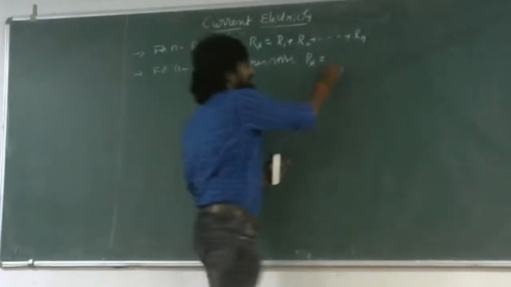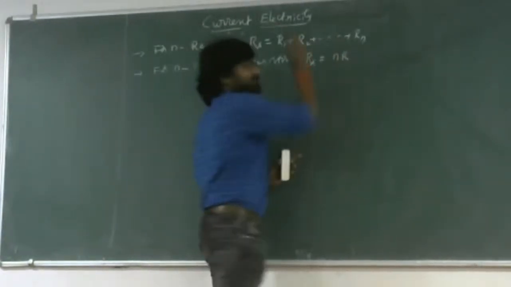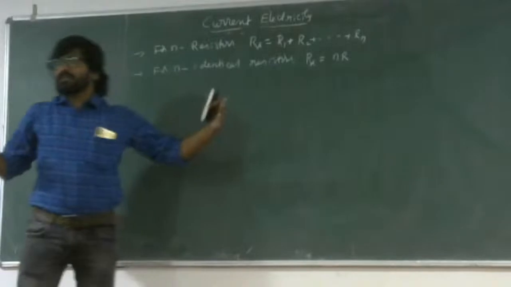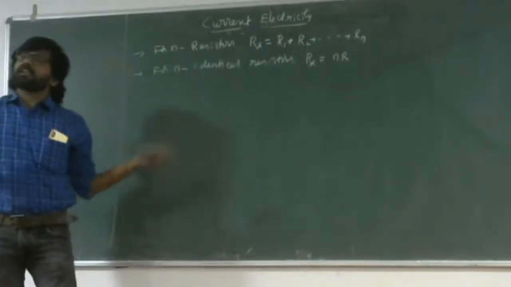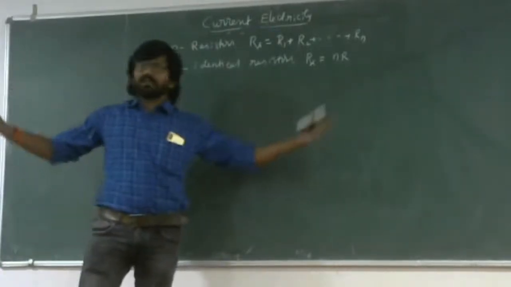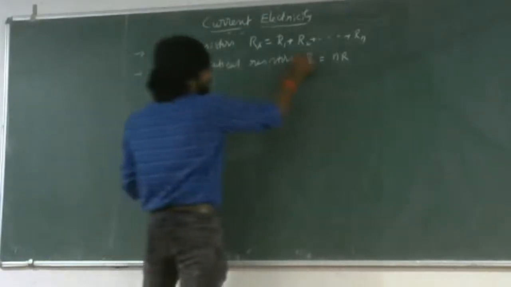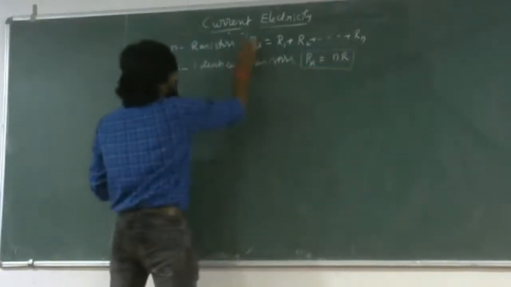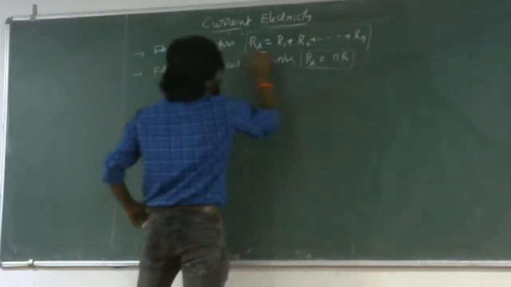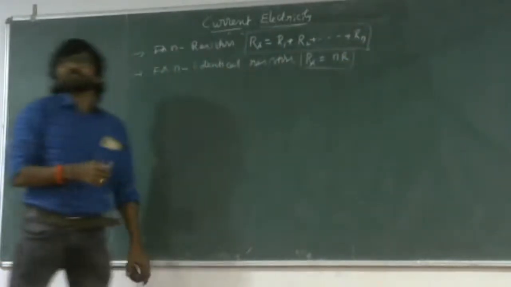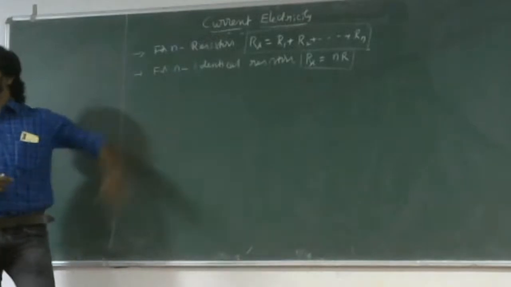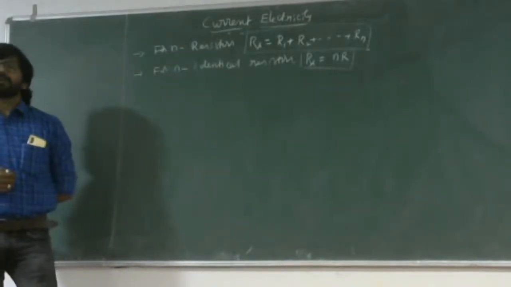So you can write this as n into R. If you have n resistors in series combination, that can be 2 or 3 or 10 or 100, any number. Is it clear, everyone? This is specifically in the case of n identical resistors, whereas the earlier one is the general case.